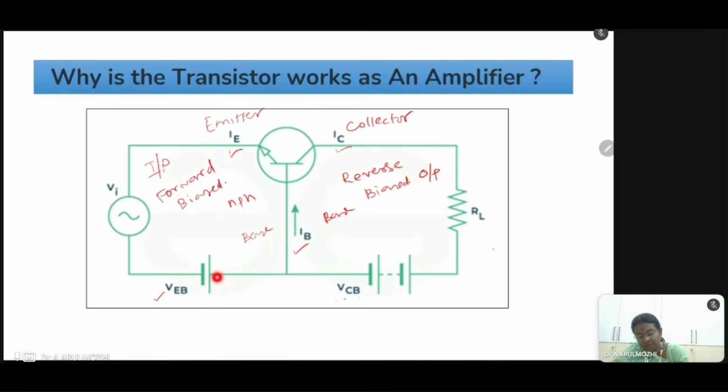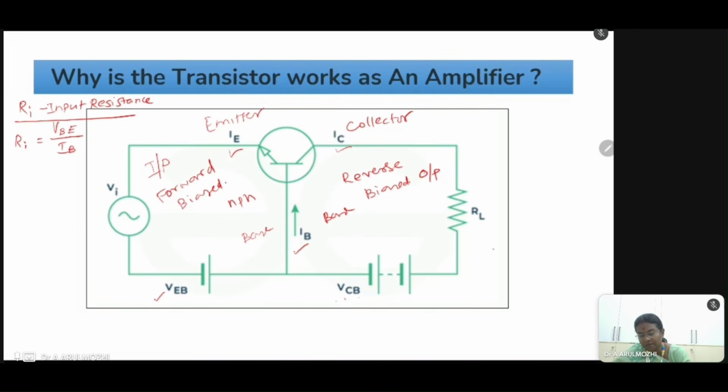As I told you, the definitions come first, beginning with RI. What is RI? Input resistance. With the help of this formula, we can easily give the definition. Input resistance RI is equal to the ratio of VEB to IB.